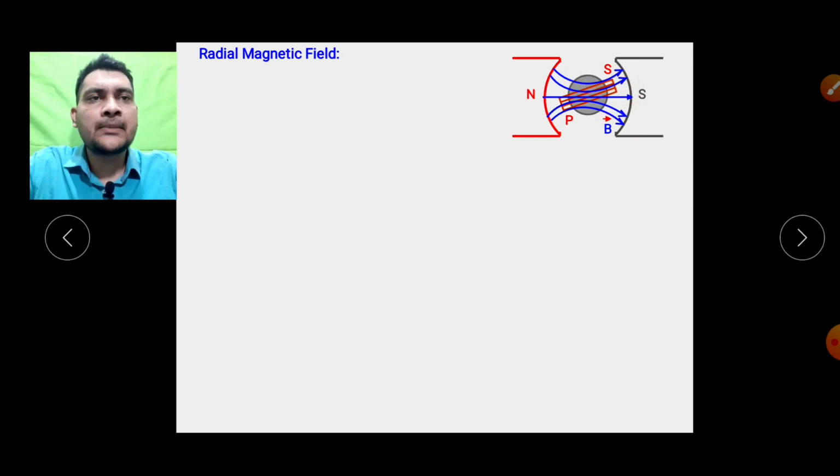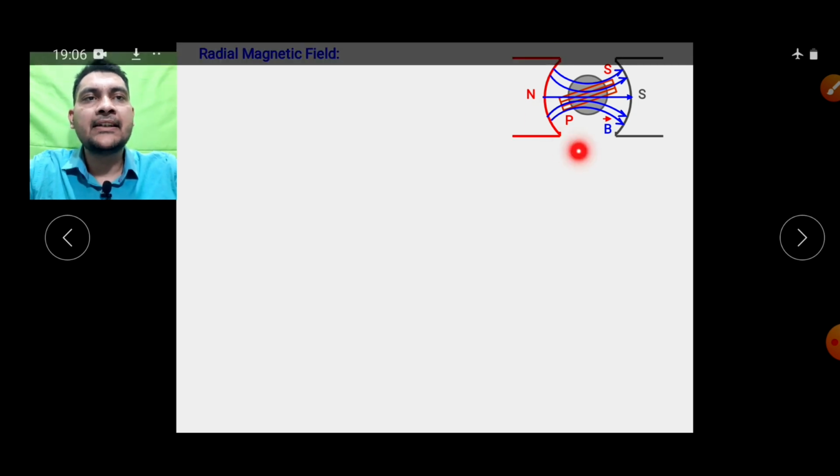If the coil takes any other position, in that case also some component of the magnetic field is always perpendicular to the normal of the coil. Therefore phi, the angle between magnetic field and normal of the coil, always remains 90 degrees, and because of the 90 degree angle the torque on the coil always remains maximum. So if phi is equal to 90 degrees, then torque is maximum, and to keep the torque maximum we use a radial field.